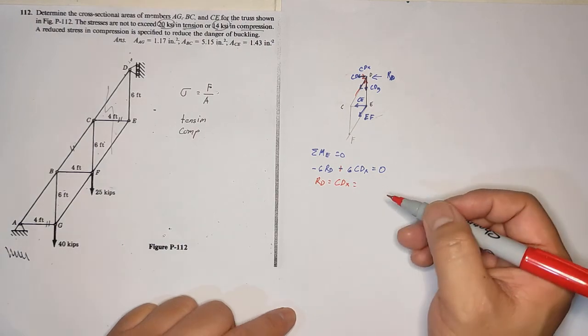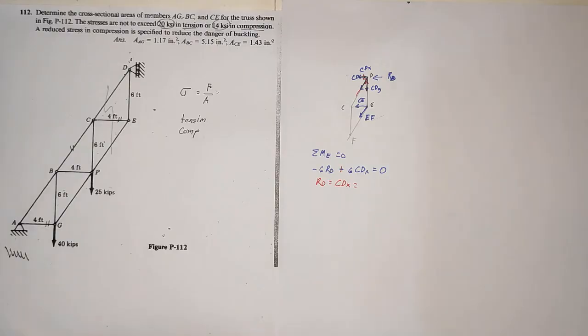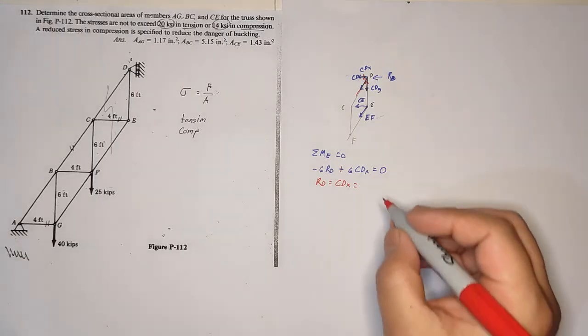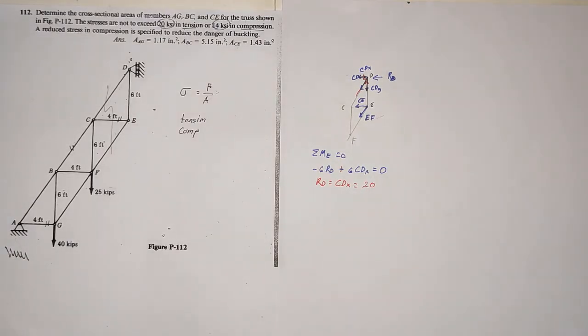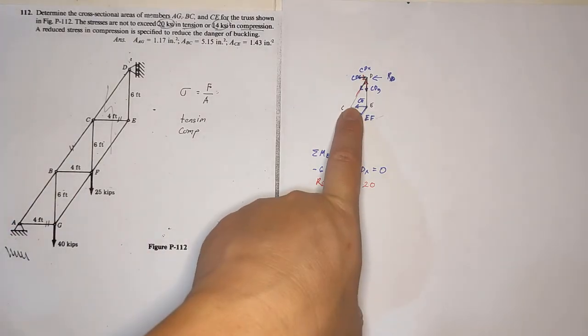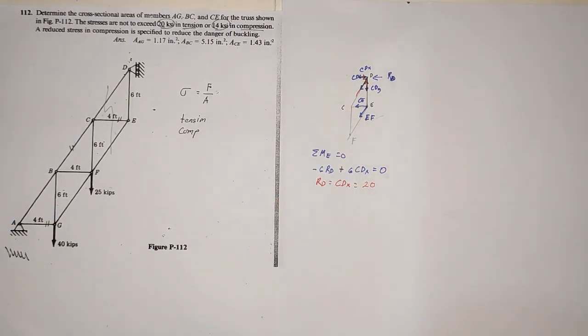And RD, from our previous computation, nasa na yung mga papel ko, if I'm not mistaken, that is 20. So, 20. Okay? Now, CDX is 20. Yan.